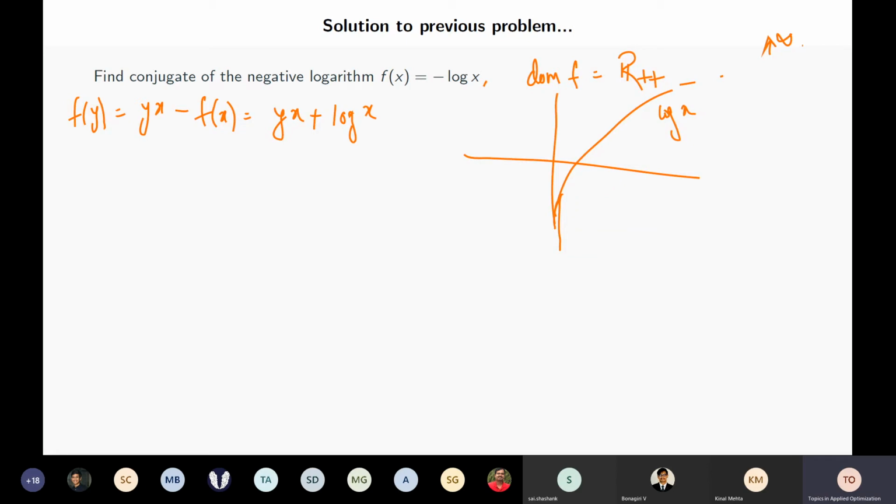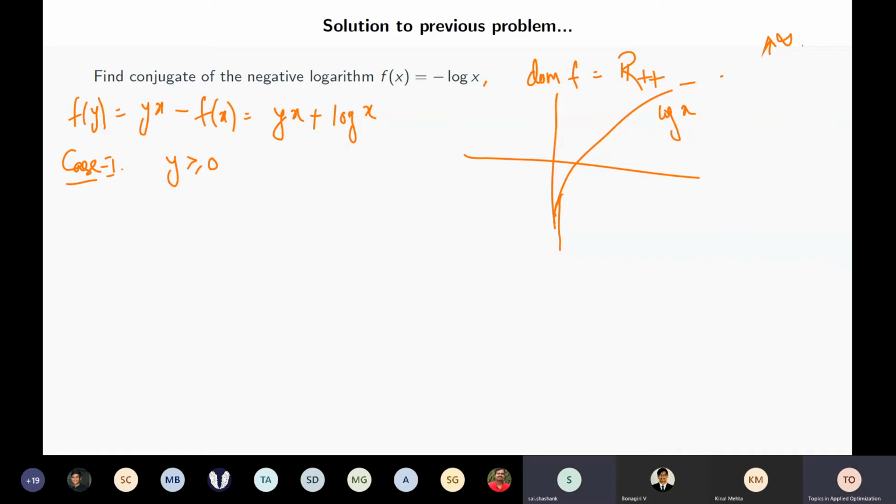So let us do case by case. What if y is greater than or equal to 0? Let us say case 1, y is greater than or equal to 0. If y is guaranteed to be greater than or equal to 0, can it ever be bounded? No, sir, it won't be.